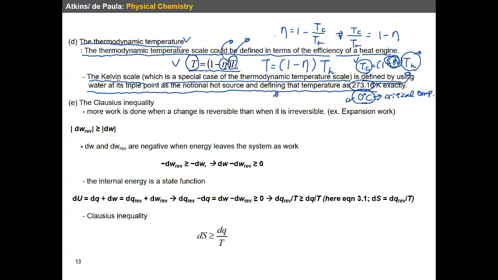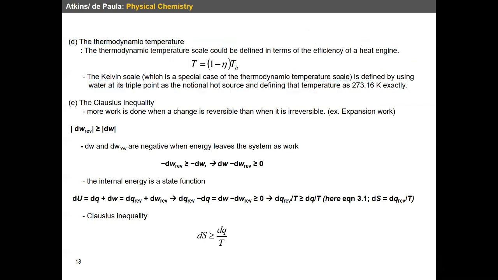So this can be the Kelvin scale. So this is some of the definition. So we know this thermodynamic temperature.